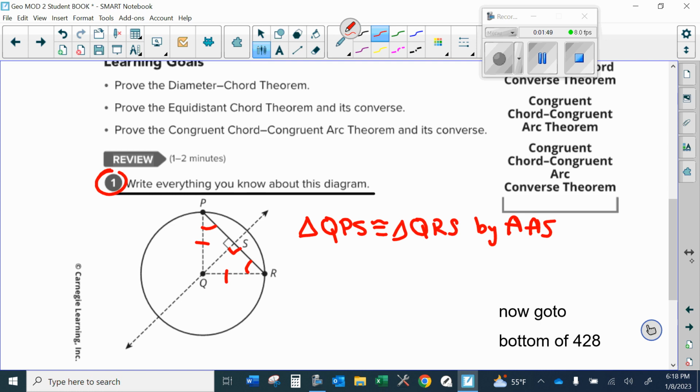Remember, after proving triangles are congruent, I can state any other corresponding piece is congruent by what again? Let's see if you can get it before I write it down.